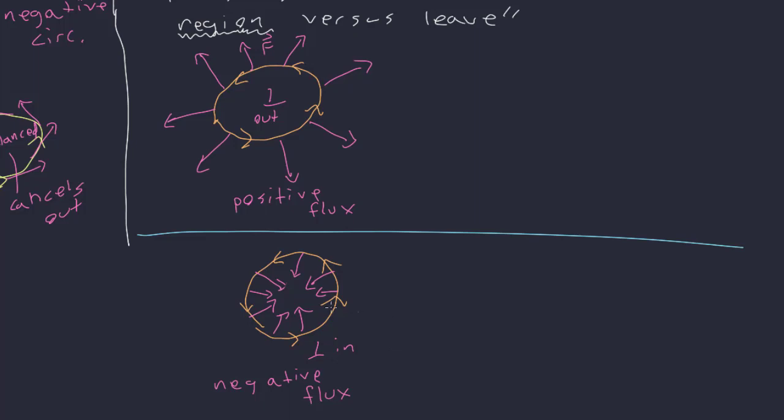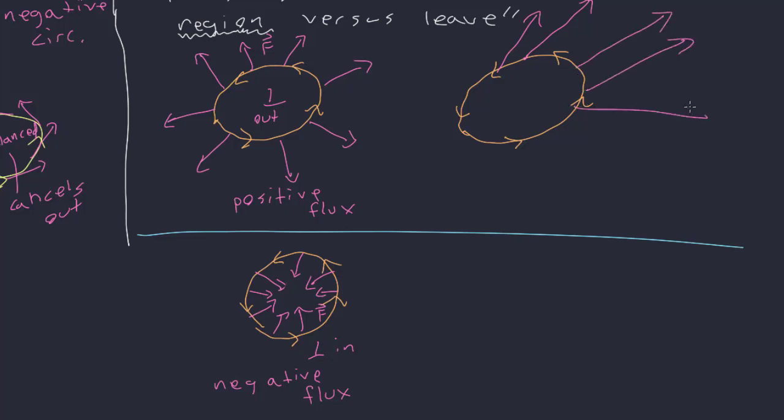Now what gets a little more interesting is those other cases. There are other ways to have positive flux. For example, if I create this path here, and let's say on this side there are high vectors, like a lot of vectors leaving, quote unquote, leaving this region.